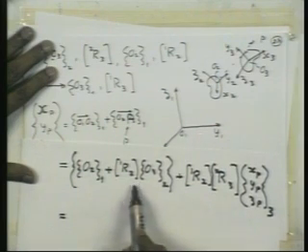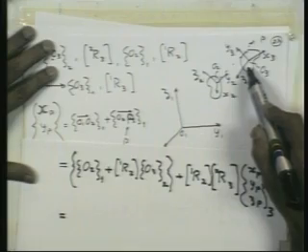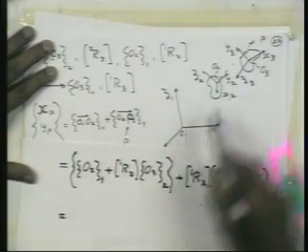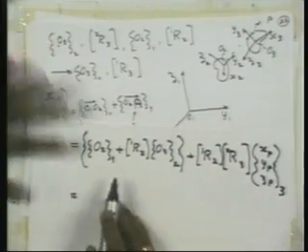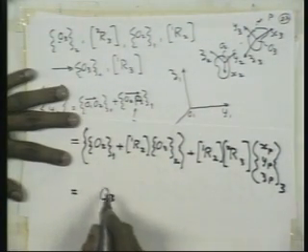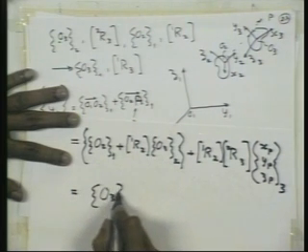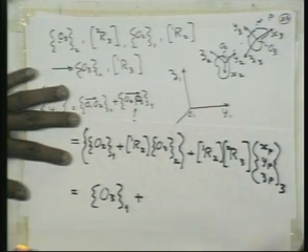So both of them put together is the vector from O1 to O3, right? The vector O1 to O3 in this reference frame, or rather O3 in this reference frame. So this vector is fine.